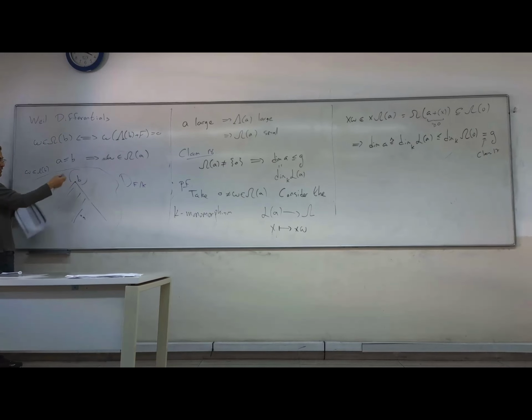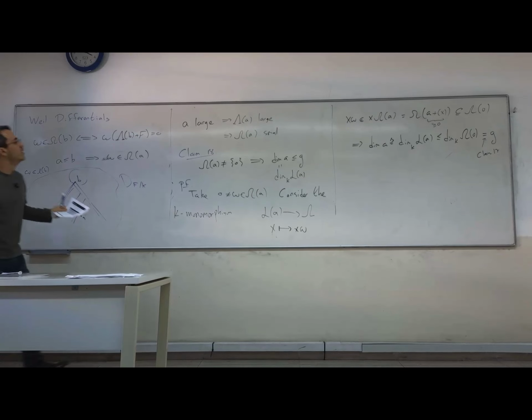There is a unique divisor that is maximal in this sense. Namely, if a divisor A comes and asks whether omega is in its capital omega, you just need to compare it with B. So the picture is actually nicer than it could have been. There is some structure here.